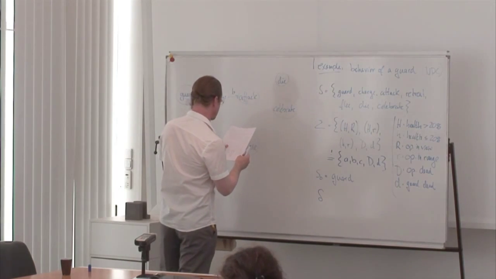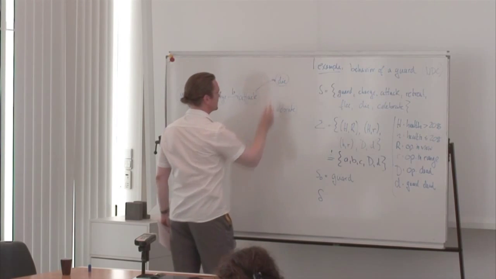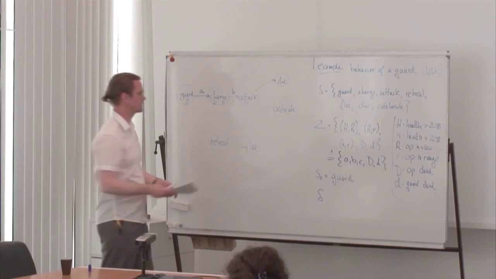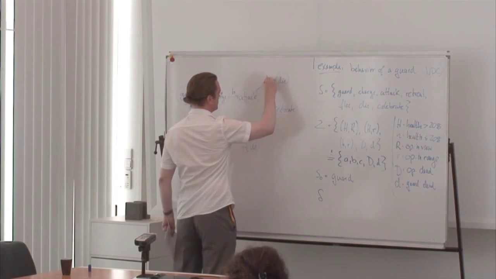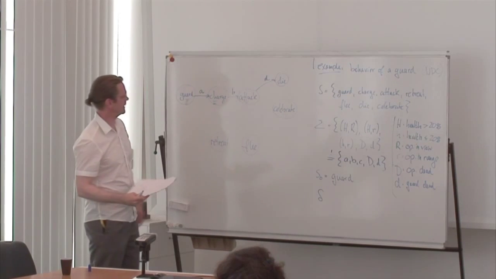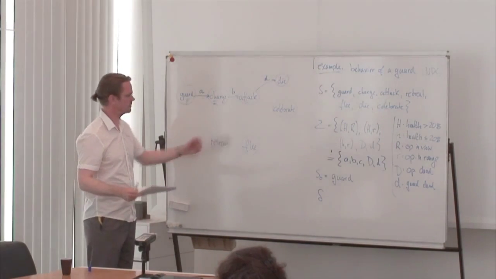Let's see, what could happen now? Easy case is if the player is well experienced and knows how to fight these non-player characters, it's quite likely that the guard may lose health rather quickly and die, or that can happen.